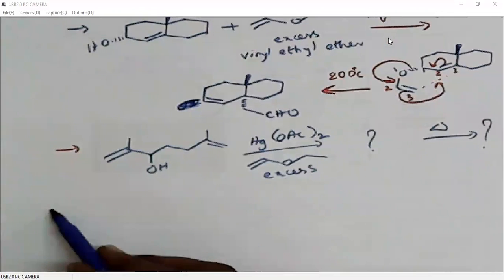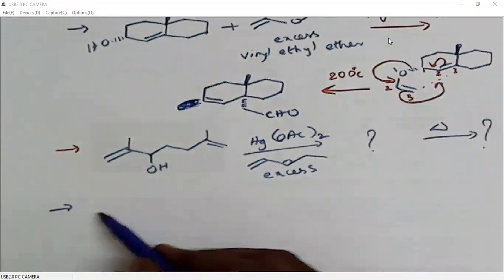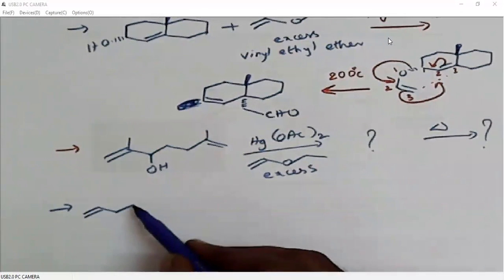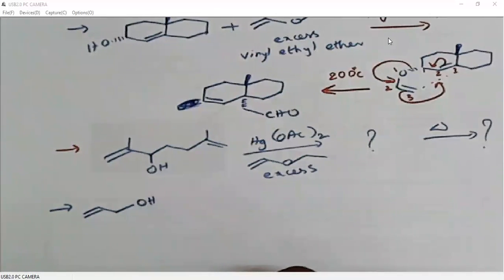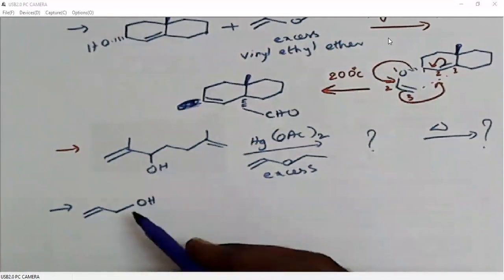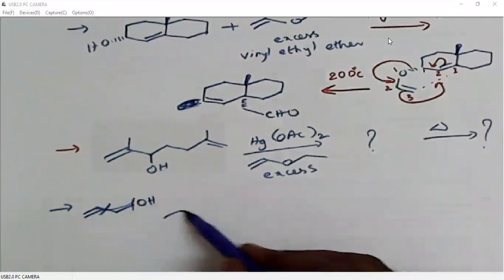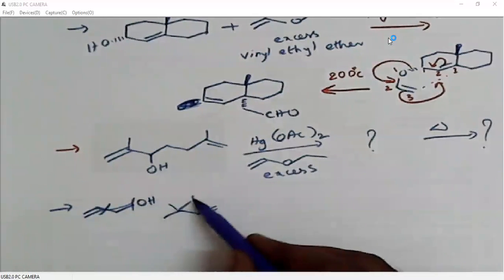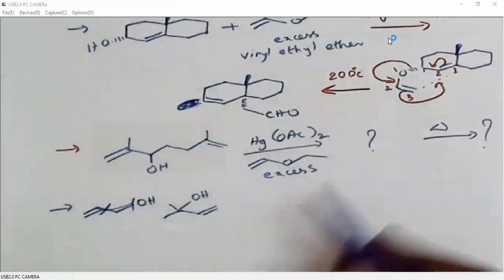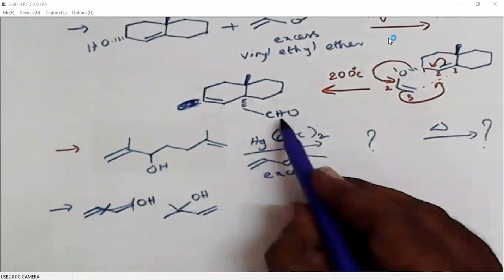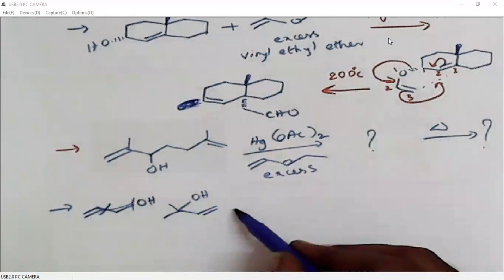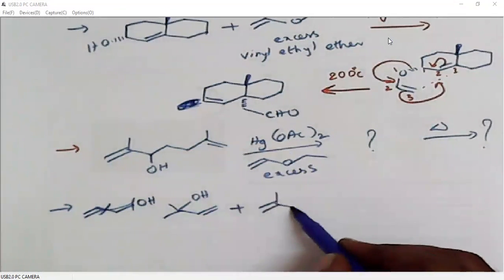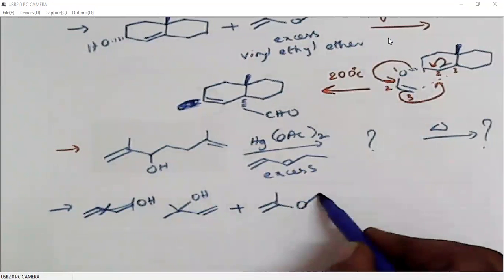In the next example, we will see in the Claisen rearrangement, so far we are preparing only aldehydes. It is also possible to have ketones.